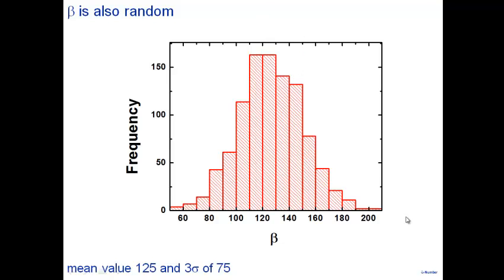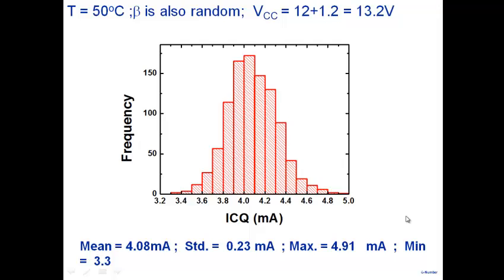So let me add beta variation also. On top of that, I'm going to now evaluate my design at 50 degrees Celsius and with the supply voltage of 13.2. Supply voltage, remember, could have 10% plus or minus variation here. So I'm evaluating it at 13.2 and temperature of 50 degrees Celsius.